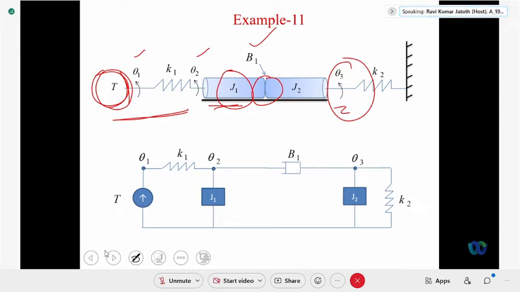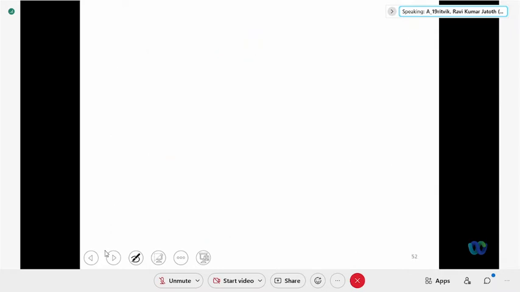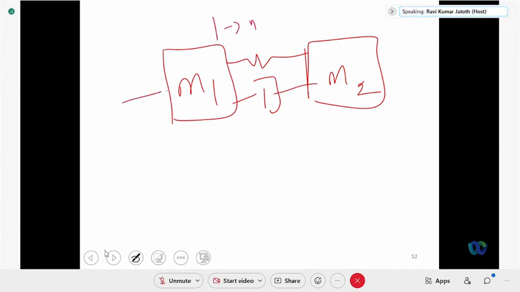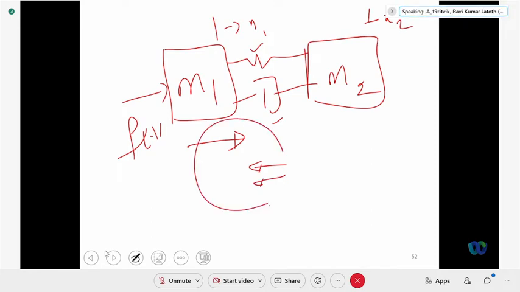Now, the same thing earlier in translational motion: there is a body of mass m1, there is a body of mass m2, and they are connected through a spring and some, let us take, frictional element. So this displacement is x1, force is applied here, correct? And here the displacement is x1, here the displacement is x2, correct? When this body is trying to move in this direction, this spring force and frictional force will oppose the movement, right? With respect to this body, this is the opposite direction.